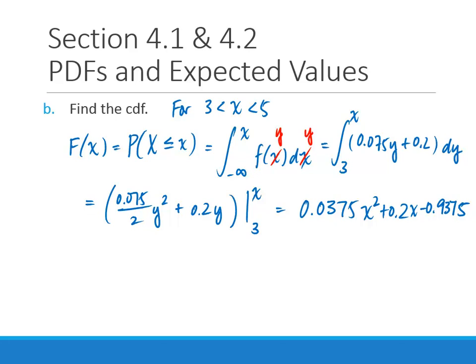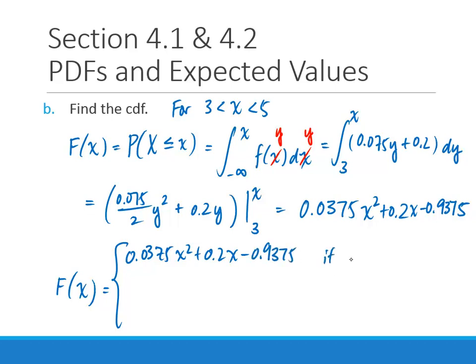And so, of course, we want the CDF to be defined for every value of x. So let's rewrite that here. The CDF is equal to what we just found, 0.0375 x squared plus 0.2x minus 0.9375 if x is between 3 and 5 and 0 otherwise.